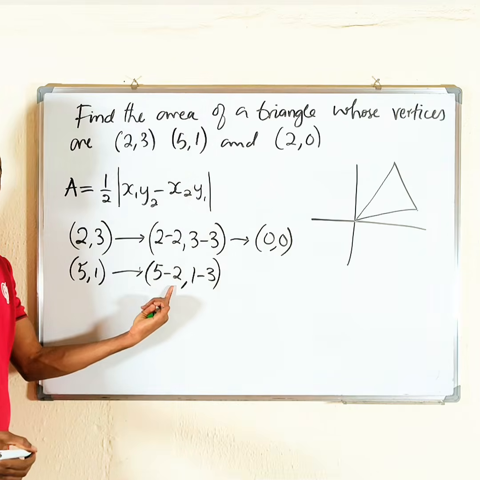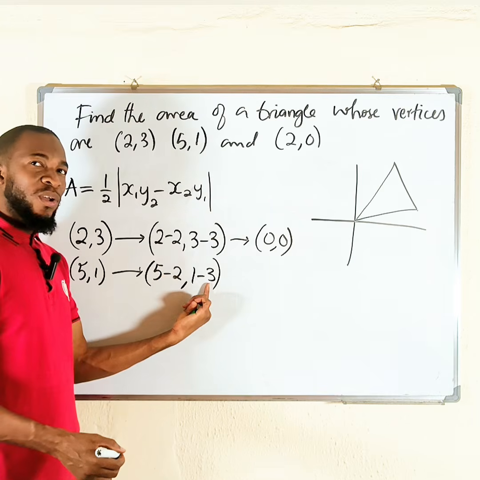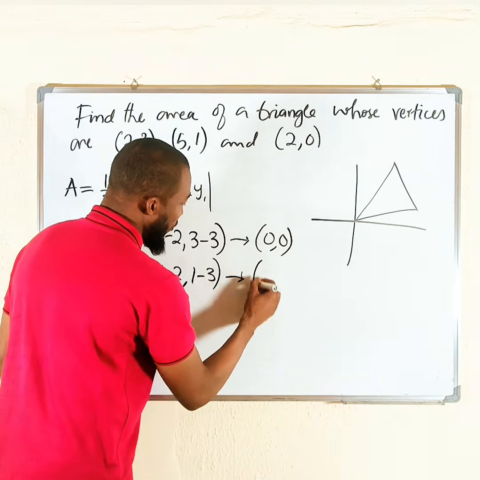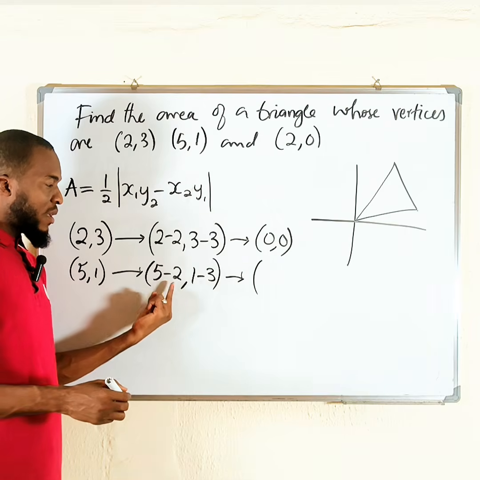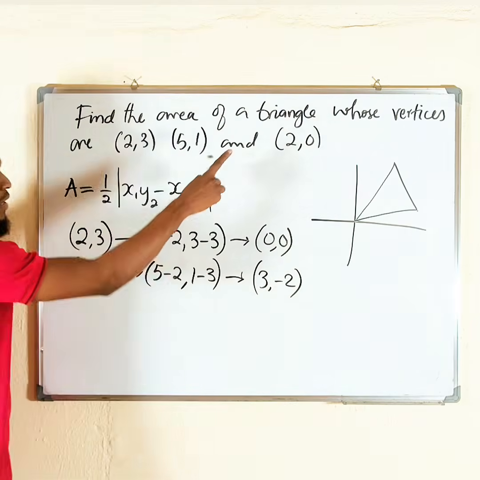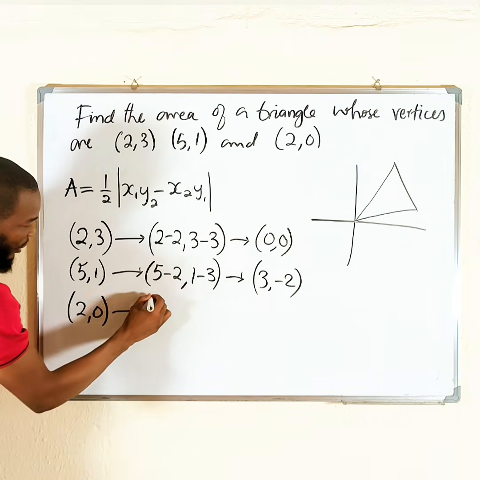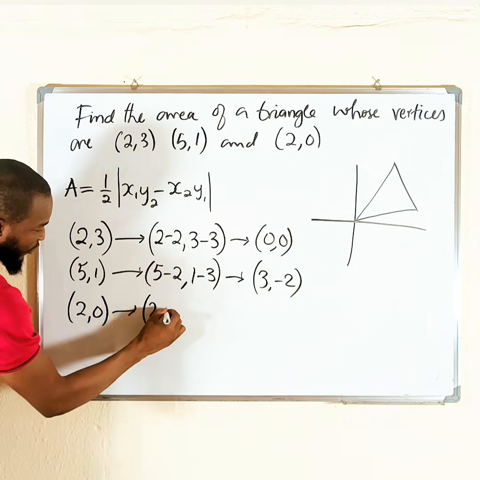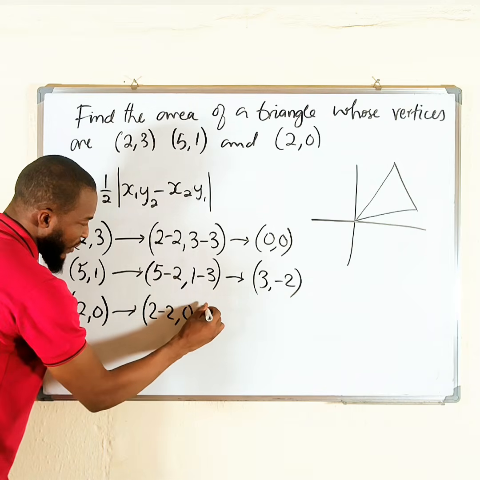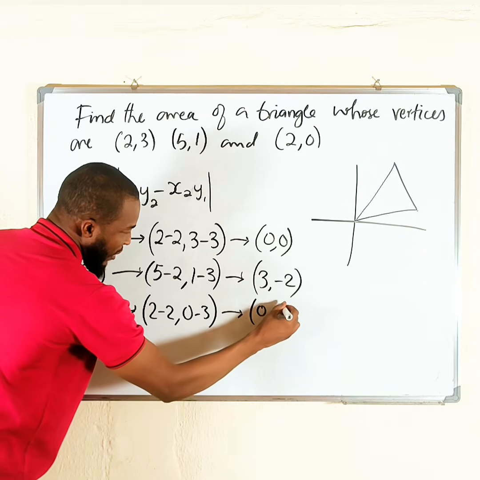You see, I have taken away 2 on the x coordinate, and I have taken away 3 from the y coordinate. This is going to be (3, -2). Then the last one, which is (2, 0): you take away 2 from 2, you take away 3 from 0, and this is going to be (0, -3).